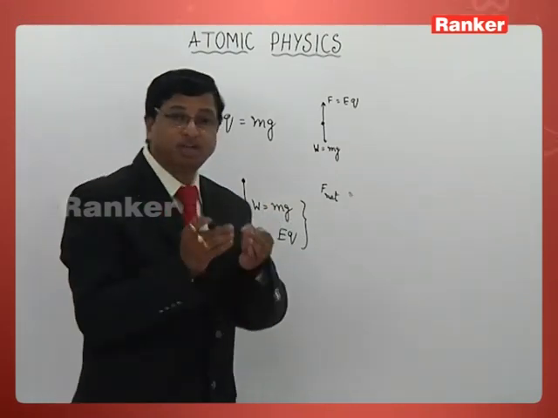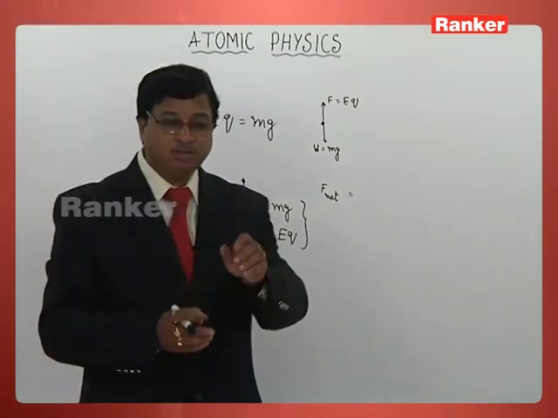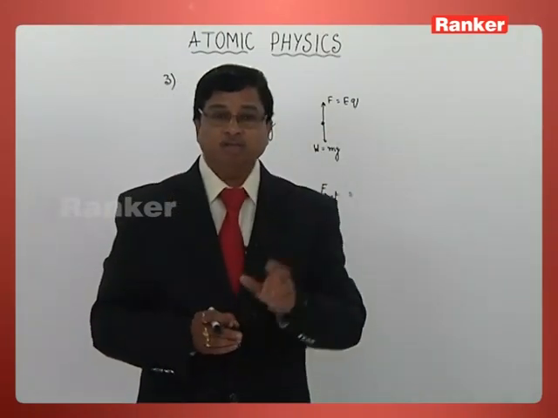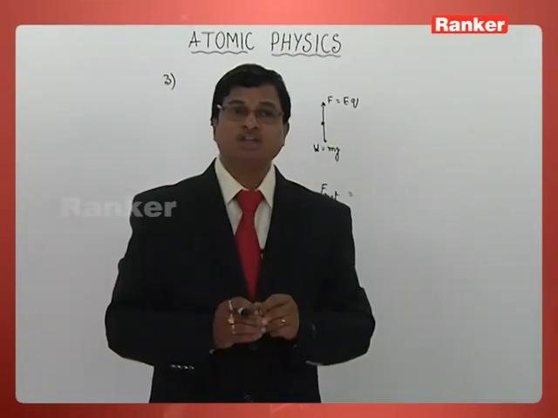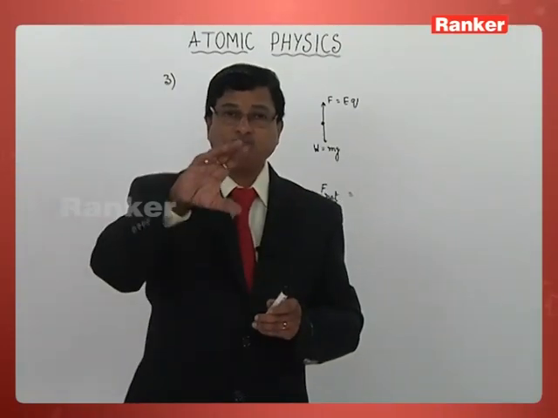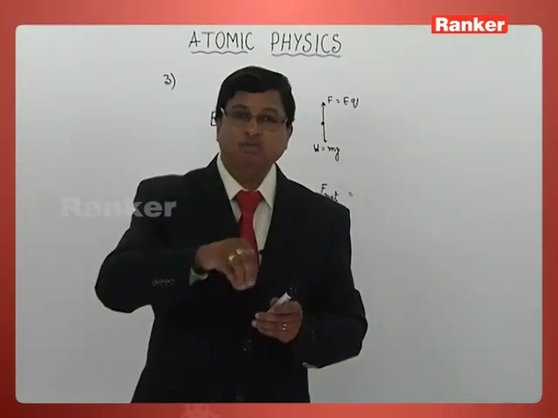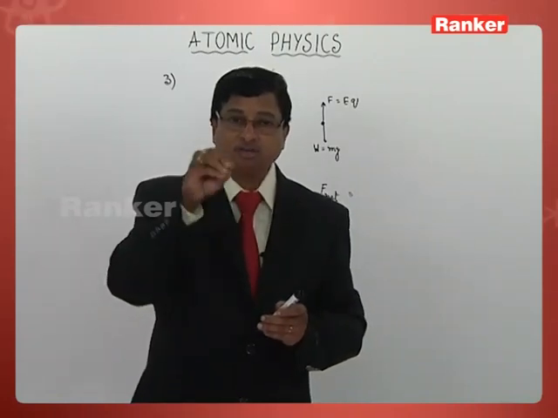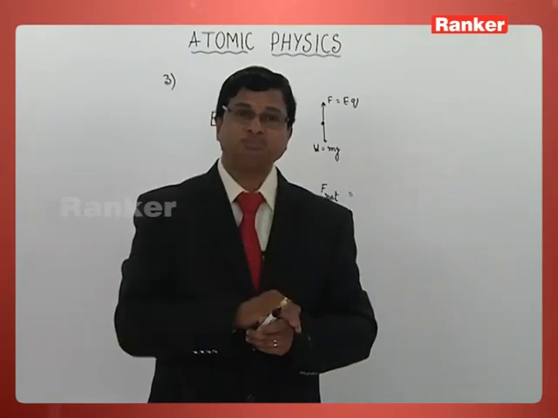Net force in which direction? Downward direction, because there is no compensating force acting upward. When there is no compensating force acting upward, the net force acting downward on the particle will make the particle accelerate downwards now.